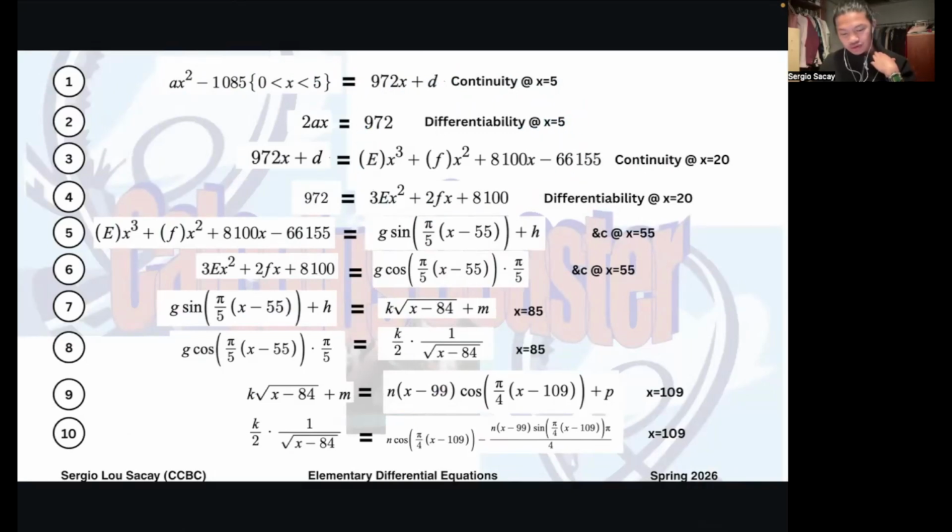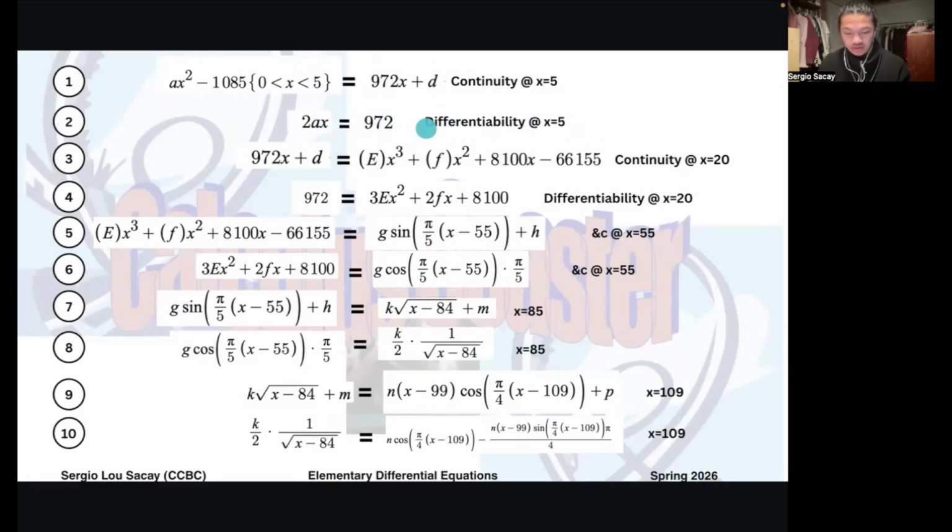We will sub in for the value of x, and then we'll have variables to solve for. Let's take equation 2, for example. We're going to sub in x equals 5 here and solve for a, dividing both sides by 2.